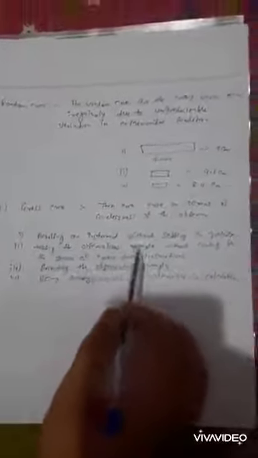Suppose I am performing an experiment and I measured a physical quantity n times and I got the readings, that are a1, a2, a3 up to an.